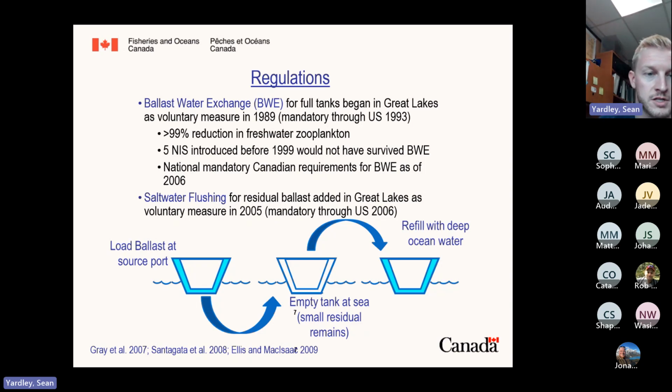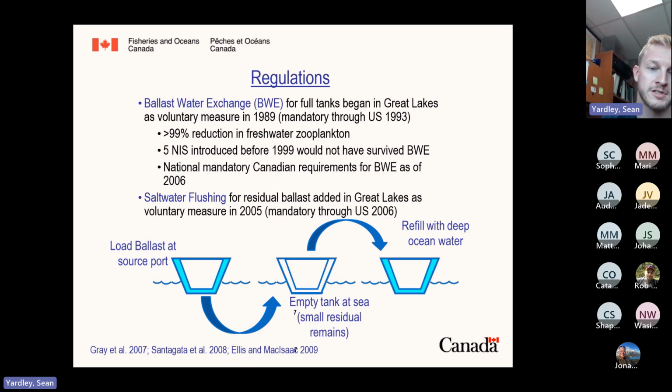Just to quickly describe what ballast water exchange is, essentially there'll be a source port where the ballast water is loaded. This is typically in, let's say, a nearshore port environment with a certain community of organisms there that are well suited to that environment. Then what happens is, say it's a transatlantic journey. Once they're out in the deep ocean, they'll discharge all that ballast water from the source port, and those organisms are not likely to survive out there because of the change of habitat.